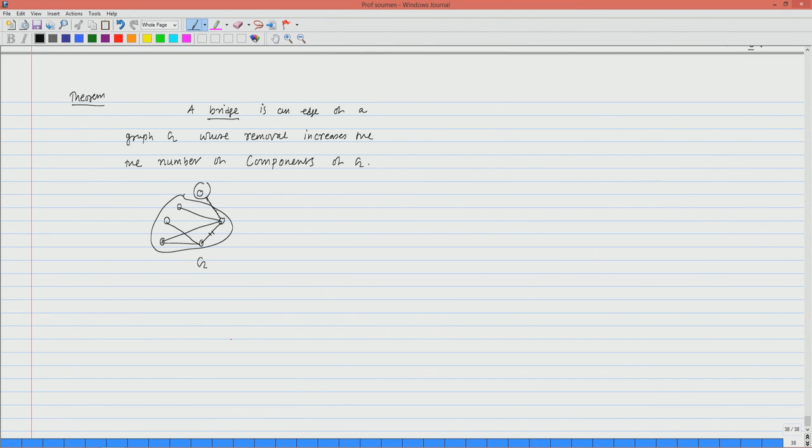Okay. So, I hope that the definition of bridge is clear. Now, you can see that this edge is also not a bridge, this edge is also not a bridge.